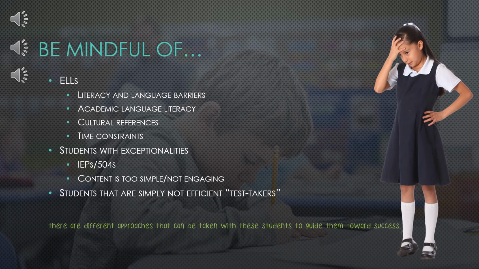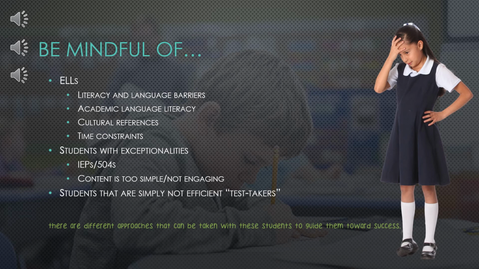Students with exceptionalities include students with IEPs and 504s. Often the content is either too simple for these students or not engaging enough for the students. Students with exceptionalities include gifted students with conditions like ADHD, autism, or another special need or learning disorder.